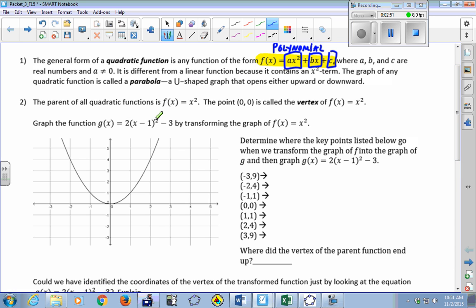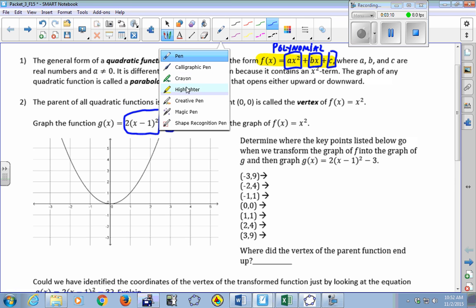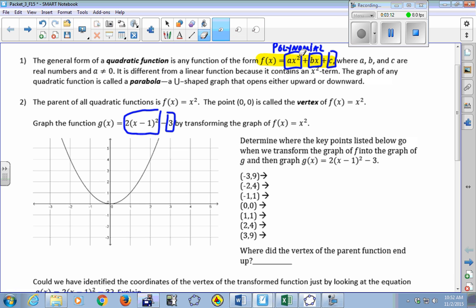Notice this doesn't have 3 separate terms like ax squared plus bx plus c. It has 2 terms. There are going to be some real advantages to having this standard form, what I call the vertex form, versus the polynomial form. So let's take a look at that.